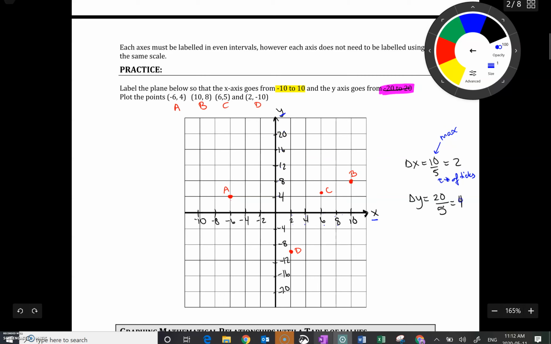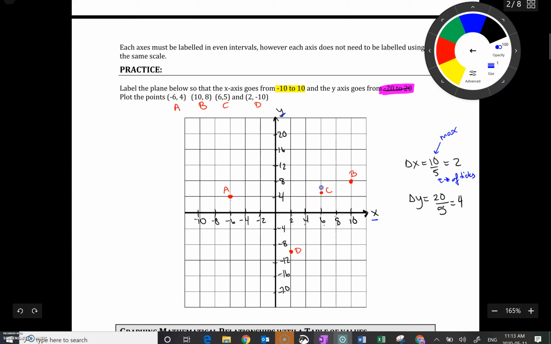Okay, something else to pay attention to. The first 2 points were fairly easy to locate because they were right at an intersection. The values were labeled on the axis. For C, we have an x value of 6, but a y value of 5. So we did have to try and estimate that. On the y-axis, we know that one line is 4, and the next line is 8.